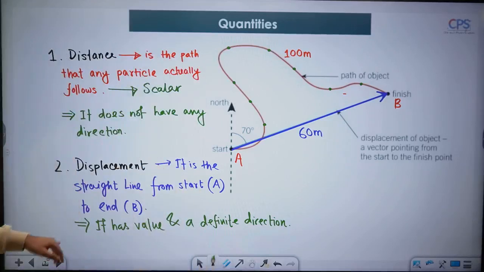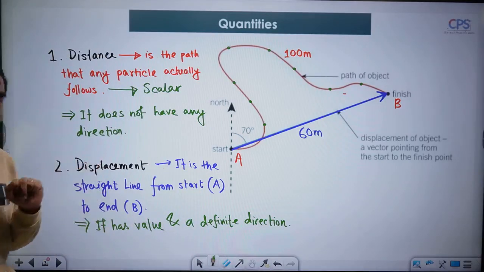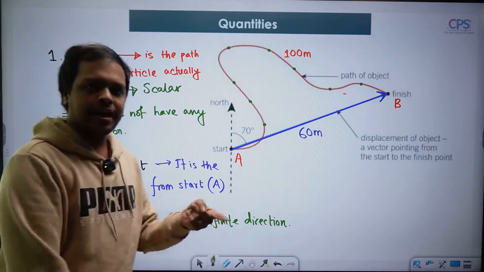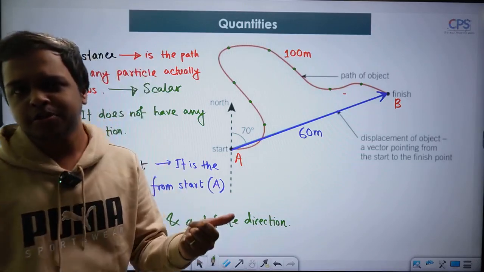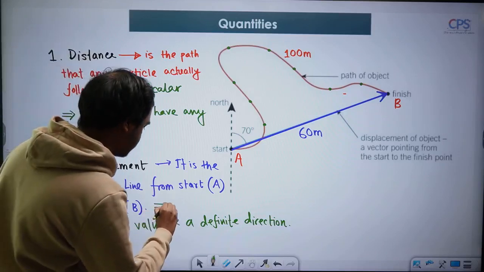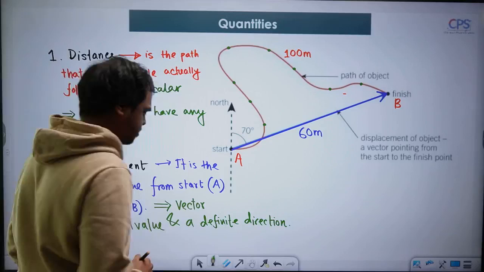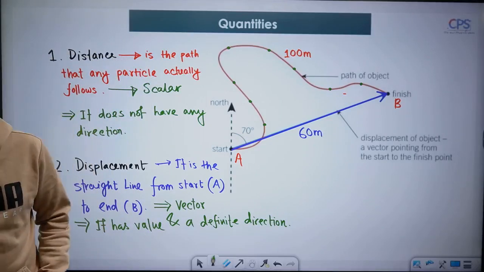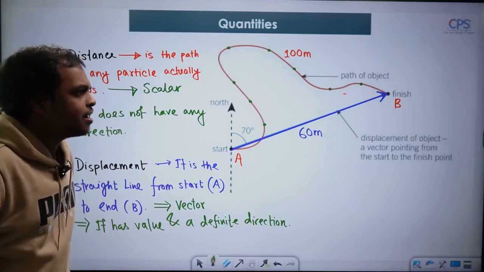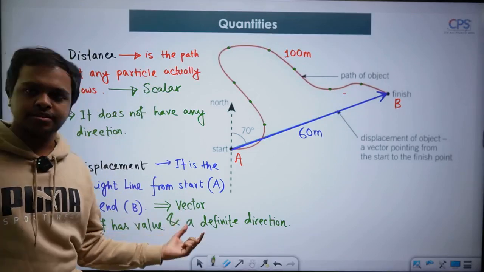So this displacement has a value and a direction. And what should we call this? A vector, like we told earlier. So this is a vector. Hopefully, for a start, you are starting to distinguish between scalars and vectors.